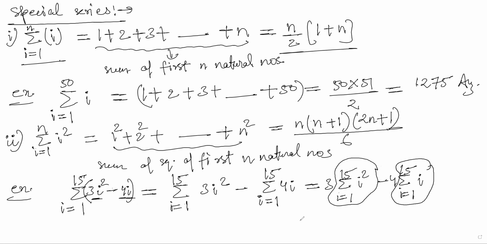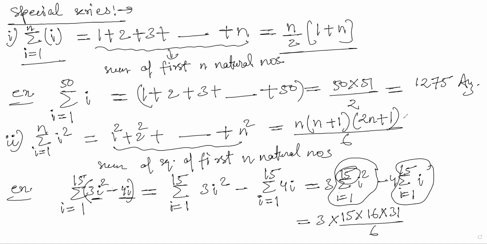So this can be written as 3 times. Now n is 15 in this case. So this should be 15 into n plus 1, which is 16, into 2n plus 1, that is twice 15, 30 plus 1, 31, divided by 6.